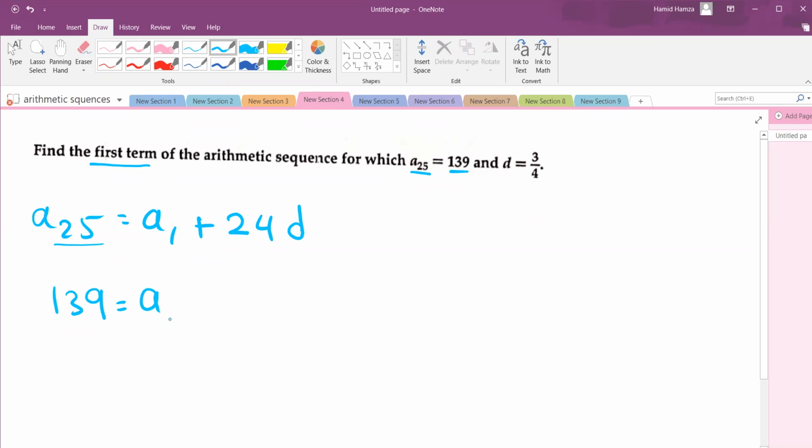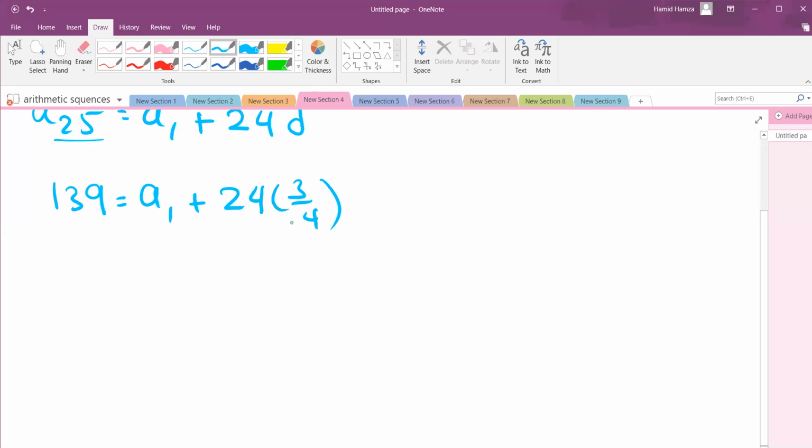So A1 plus 24 multiplied by D. D is given as 3 over 4, so multiplied by 3 over 4. We got an equation, solve it. Cancel 4 with 24, so 6. 6 times 3 is 18, so it will be 139 equals A1 plus 18.